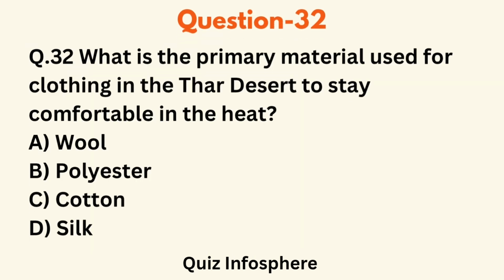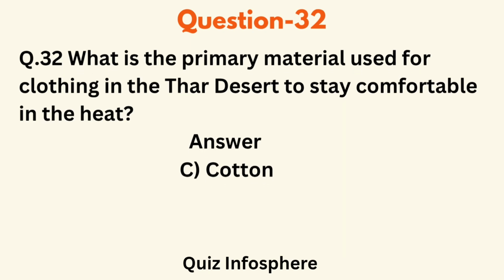Question 32. What is the primary material used for clothing in the Thar desert to stay comfortable in the heat? Wool, polyester, cotton, silk. The correct answer is option C, cotton.